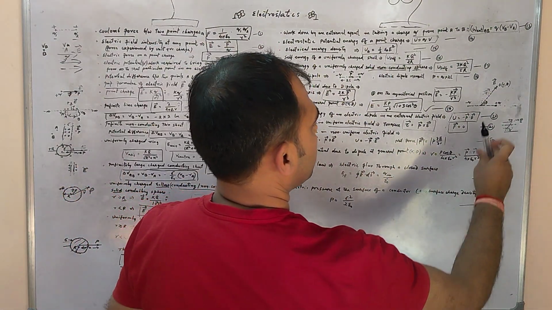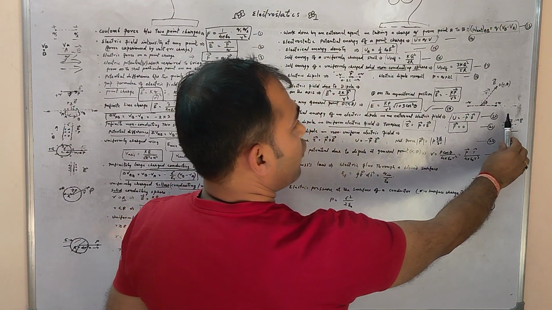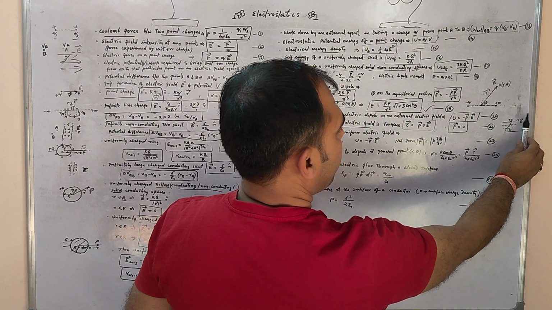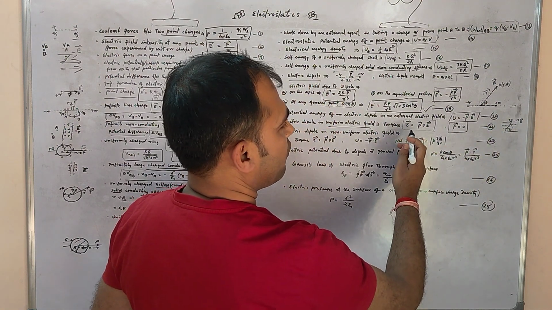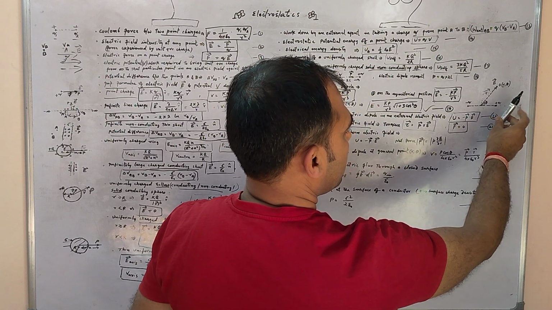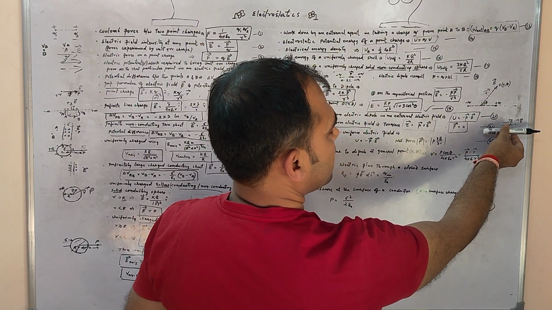So obviously if dipole is perpendicular to electric field, then the magnitude of this will be PE, and if it is in the same direction as E, then torque will be 0.